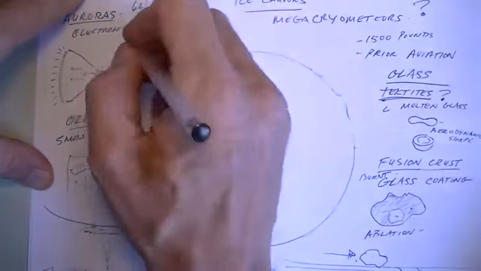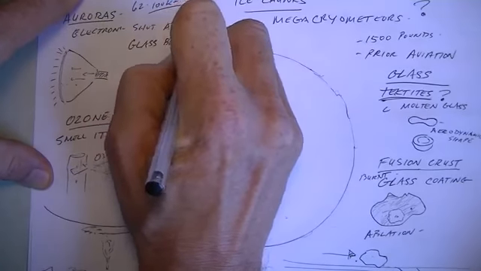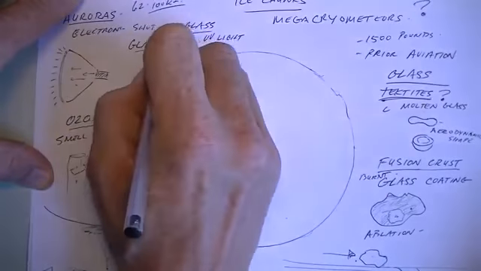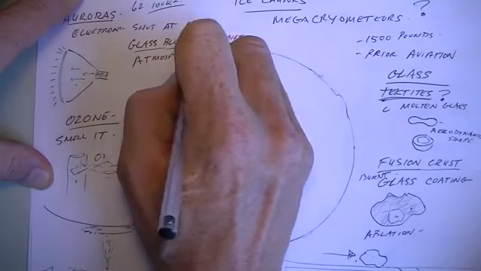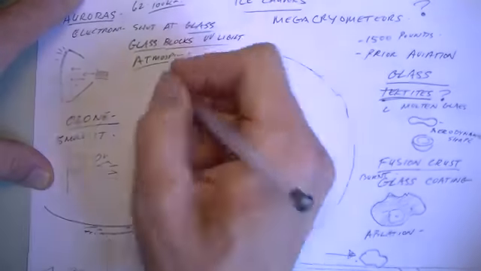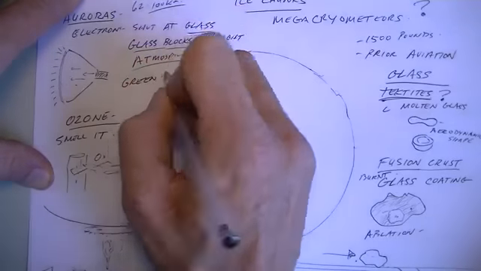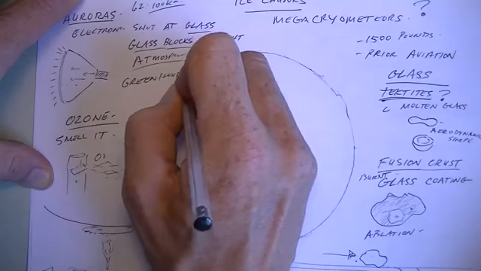Another reason why there's glass in the sky is because glass blocks ultraviolet light, and so does our atmosphere. Coincidence? I don't think so. There's also the greenhouse effect, okay? We have a literal glass ceiling, just like in a greenhouse. This is true.